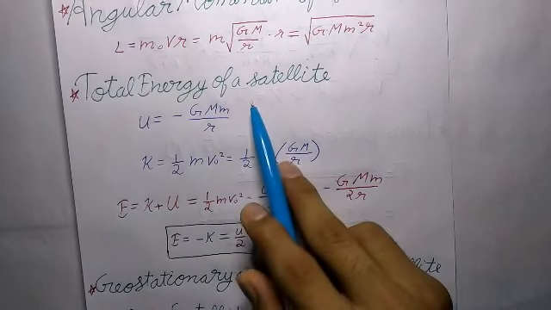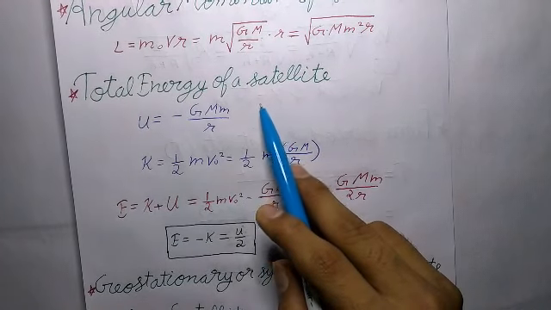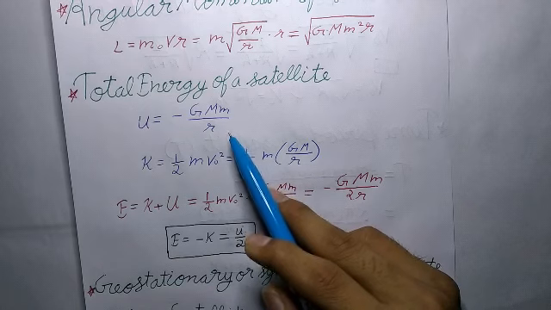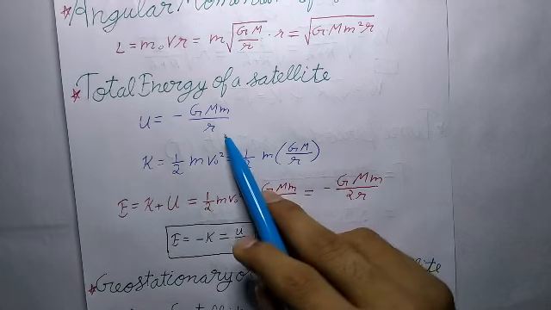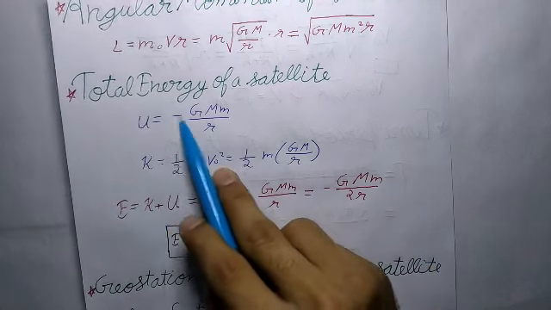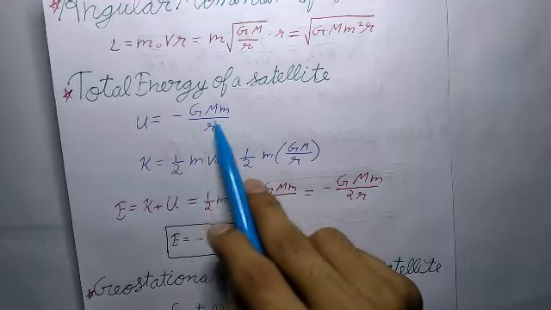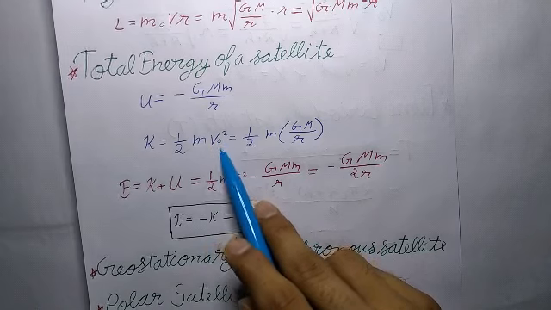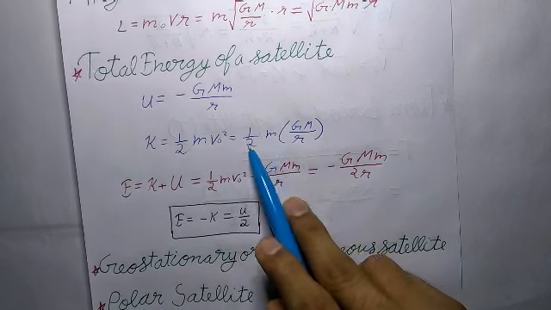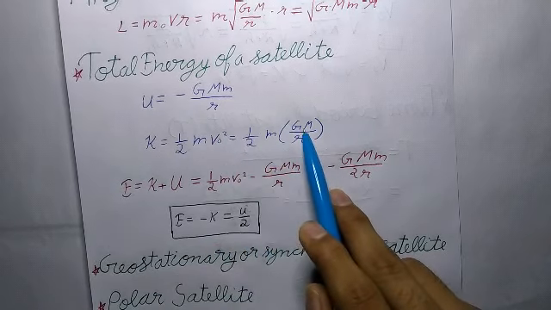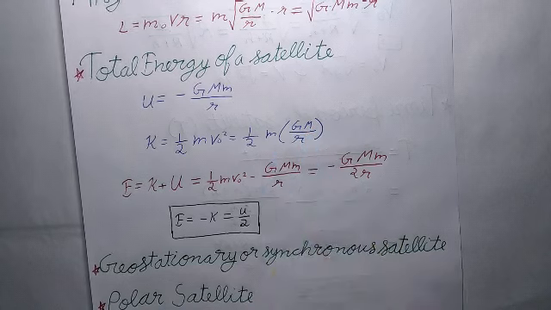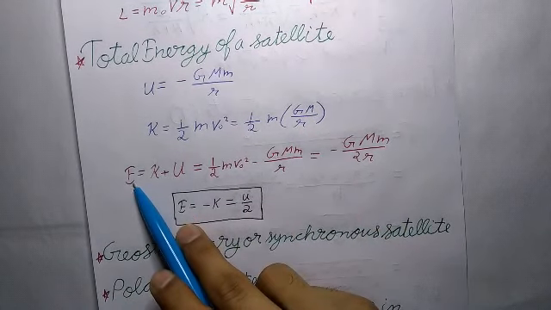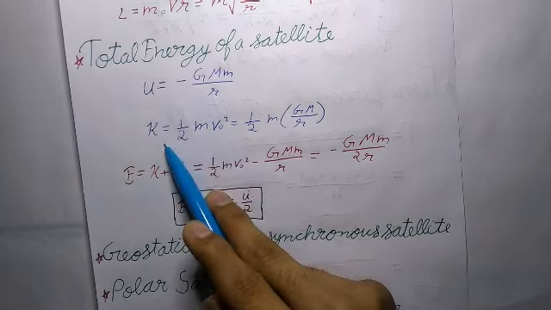Now, total energy of a satellite. For a satellite of mass m moving with velocity v0 in an orbit of radius r, the potential energy U will be equal to minus GMm/r, and kinetic energy will be equal to half m v0², which equals half m into GM/r. Total energy is the sum of potential energy and kinetic energy.